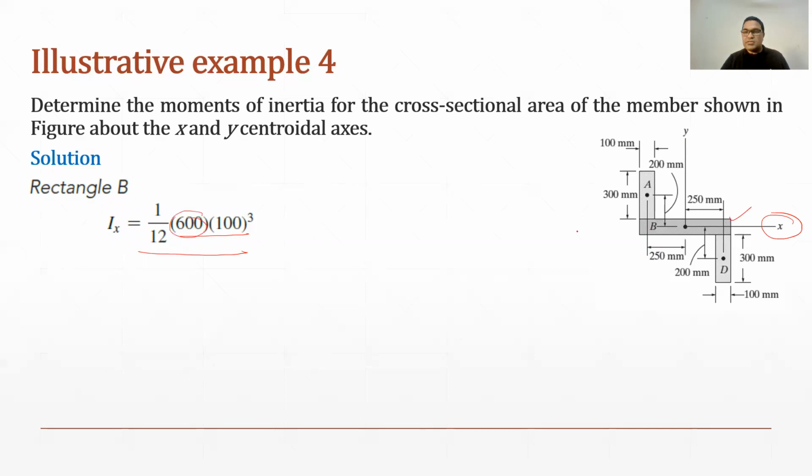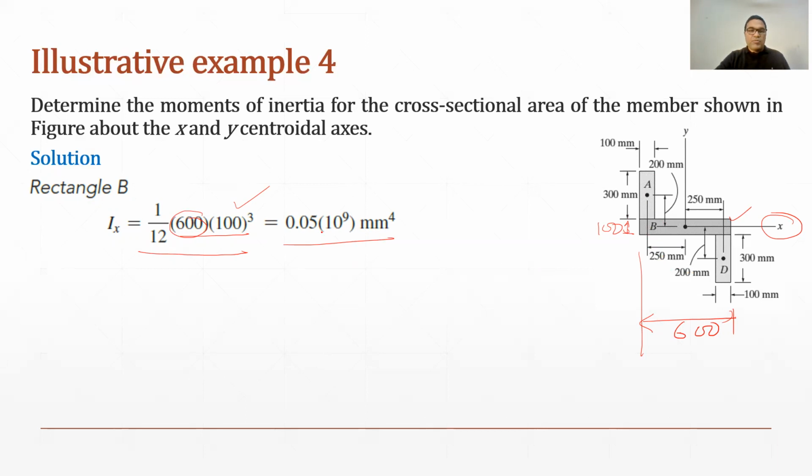Here b is 600 and this value is 100. Putting the values, we get 0.05 into 10 raised to power 9.